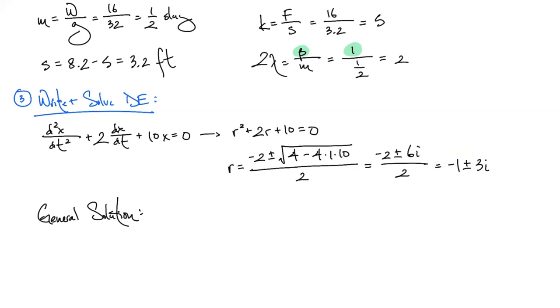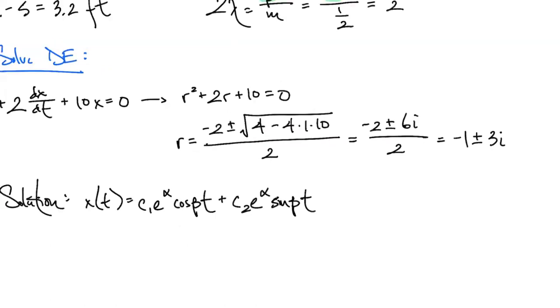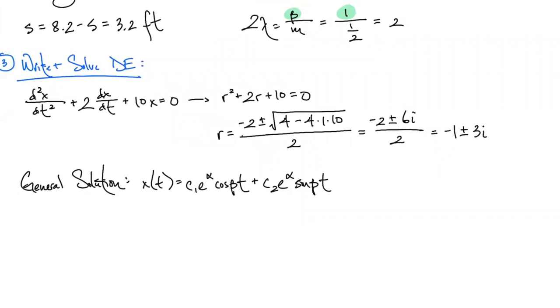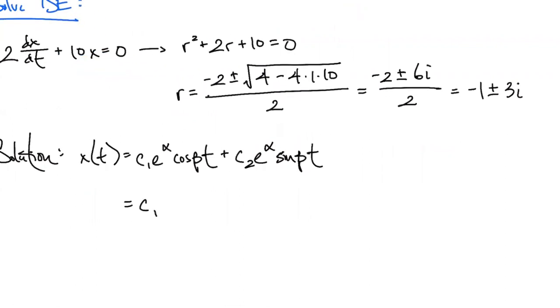So our general solution with our complex roots should look something like C1 e to the alpha t cosine beta t plus C2 e to the alpha t sine beta t. You could use alpha and beta, or we've used lambda and mu before. Whatever helps you distinguish between the real part and the imaginary part will allow us to write our general solution.